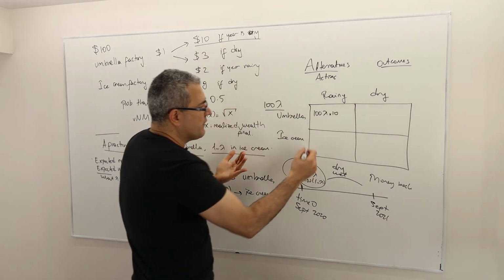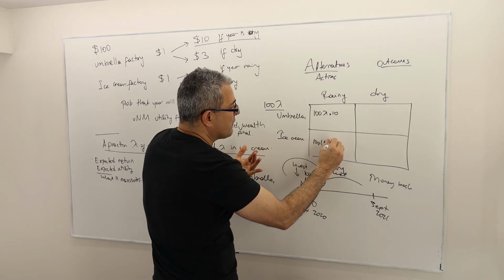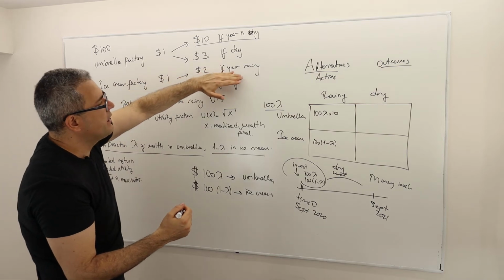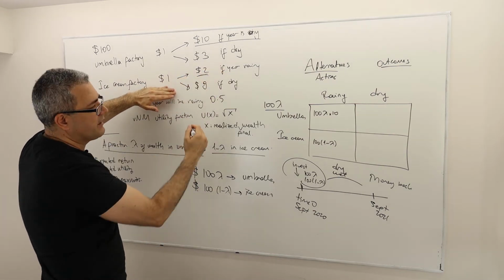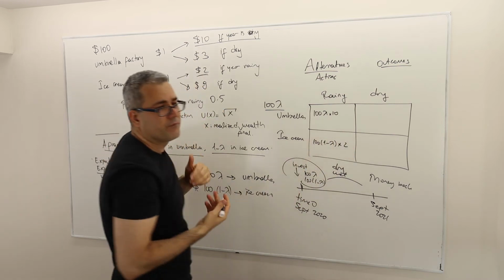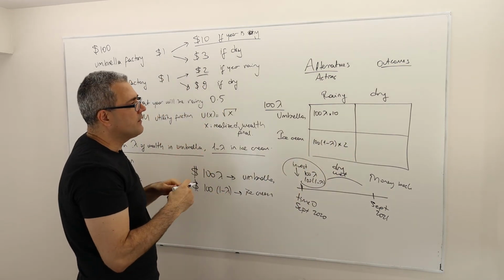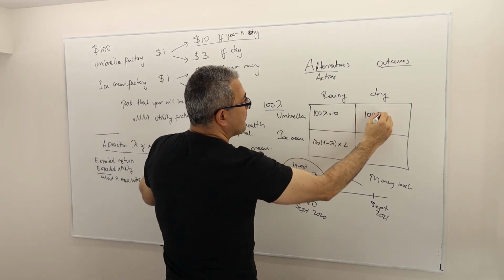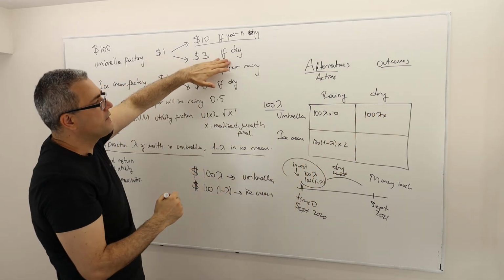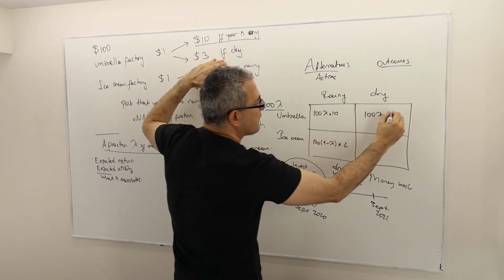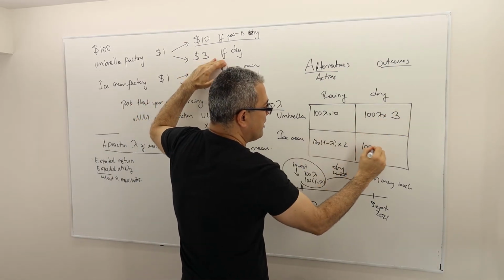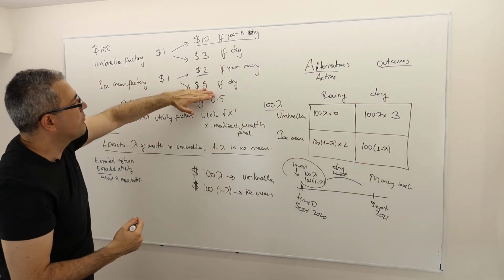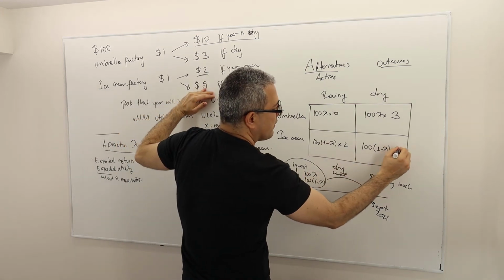Ice cream investment is 100 times 1 minus lambda. The ice cream factory, if the year is rainy, brings $2, not 10. So times 2. If it is dry, however, it's going to be 100 lambda times 3, because if the season is dry, umbrella brings me $3. And the ice cream investment is going to bring me $9 if it is dry. Clear?